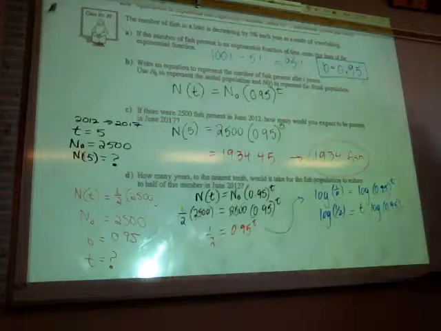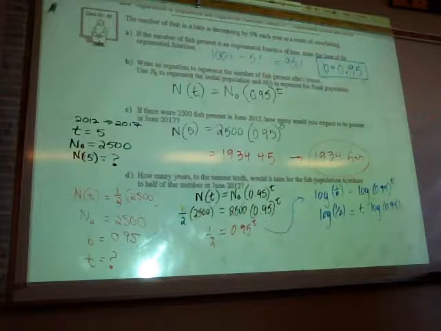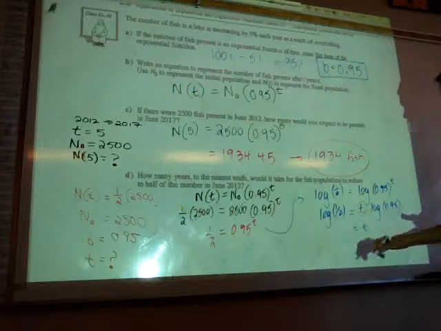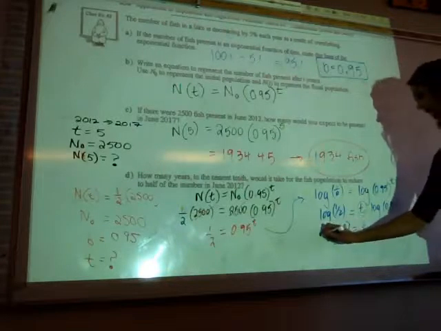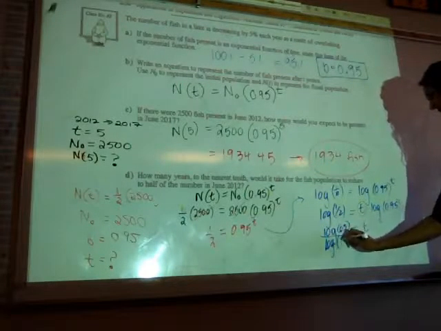To solve for t, what do I have to do with log 0.95? Divide. So t is equal to log 0.5, or a half, divided by log 0.95.